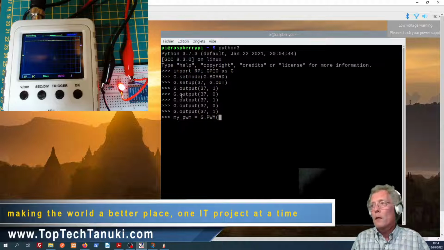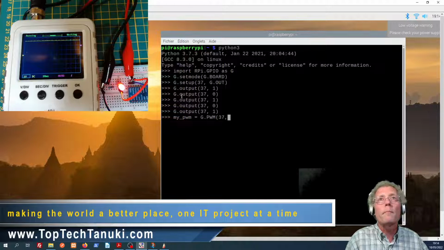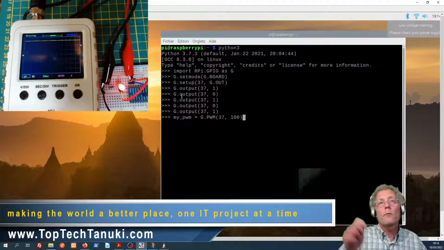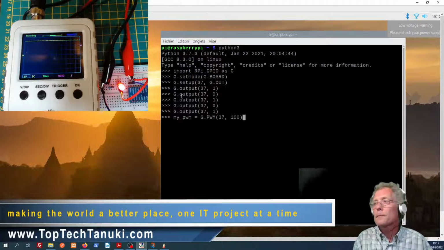Okay, and we set it on pin 37, and we have to define a frequency. And the frequency will be the number of cycles per second, which is expressed in hertz. 100 hertz will be nice here.